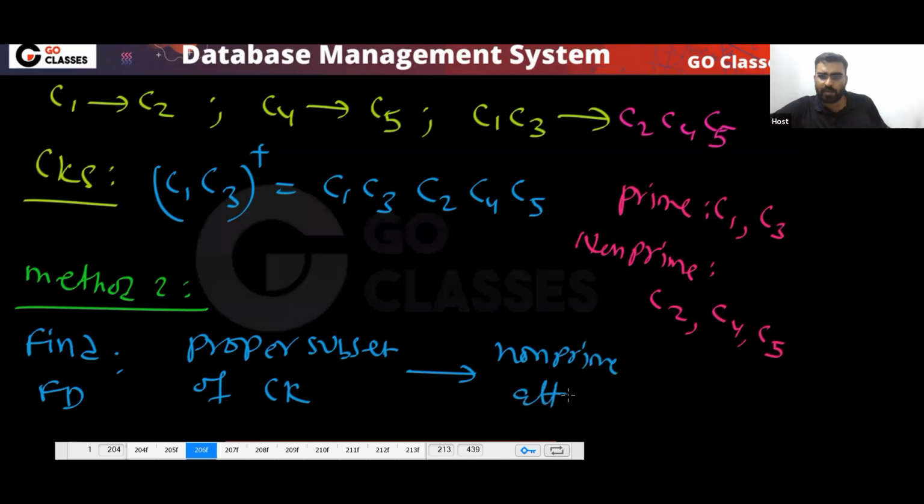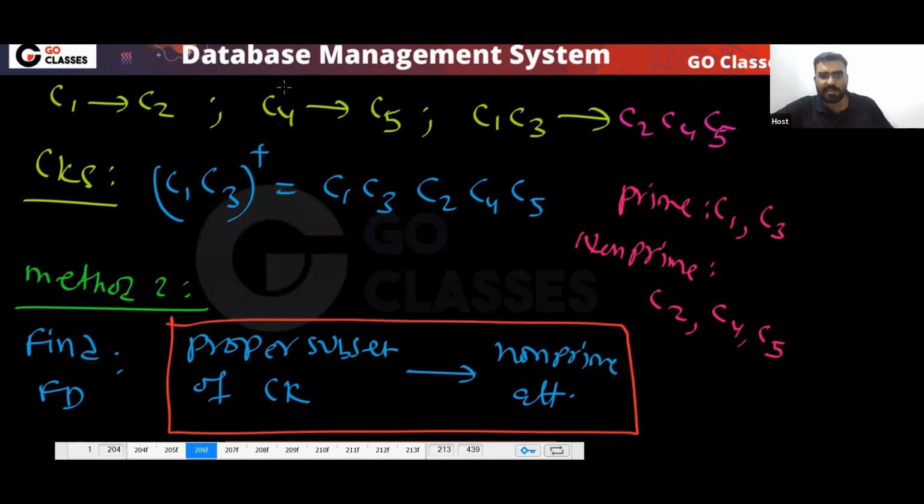Do we have it? Yes, because C1 determines C2. So we have this type of FD, and I can say that this is not in 2NF. Okay, is this clear?